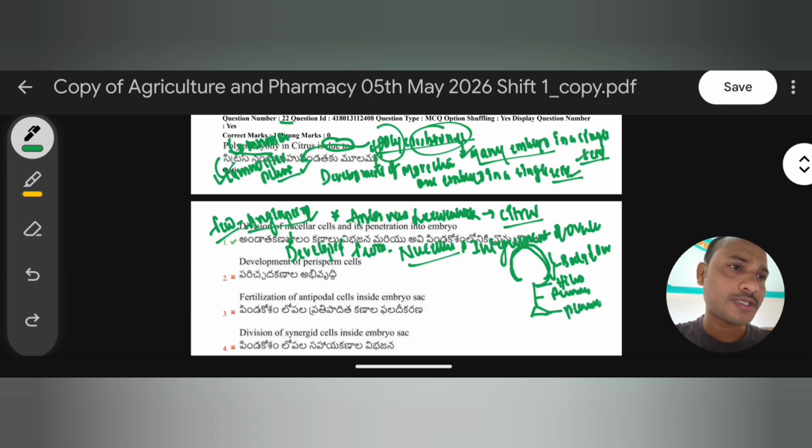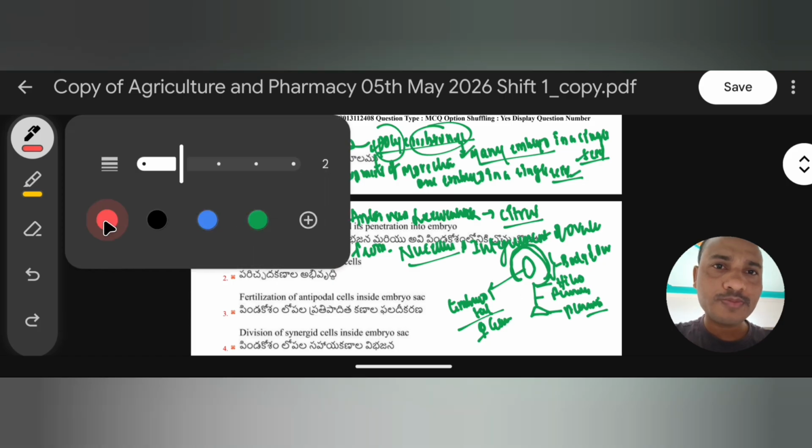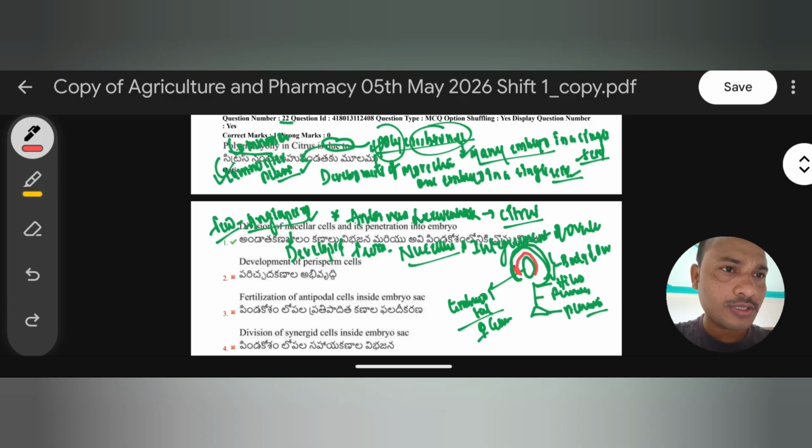From the placenta the ovule arises, and the body of the ovule contains two important structures. Inside we have the embryo sac, also called the female gametophyte, and around the embryo sac we have two protective layers, 1 and 2. These two are called integuments.